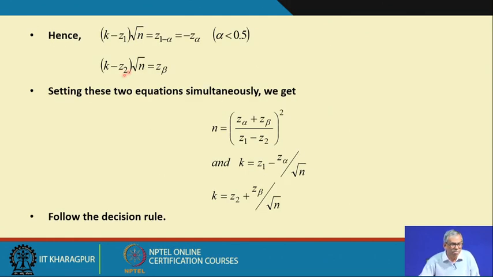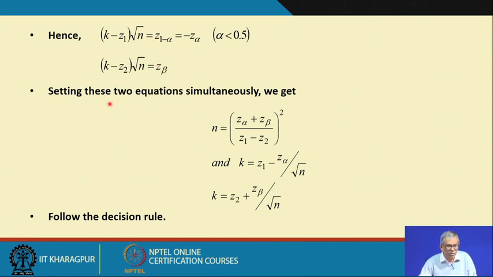Hence k minus Z1 root n equals Z of 1 minus alpha, which equals minus Z alpha. Alpha is less than or equal to 0.5 in almost all cases. And k minus Z2 into root n equals Z beta. So you have two equations and two unknowns, and these are independent simultaneous equations.